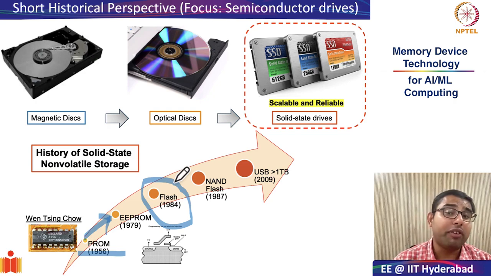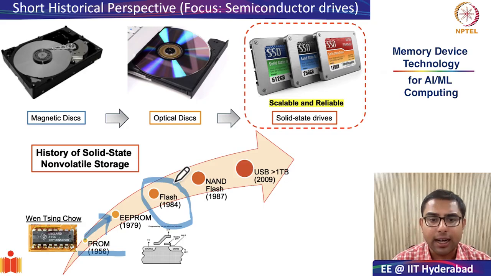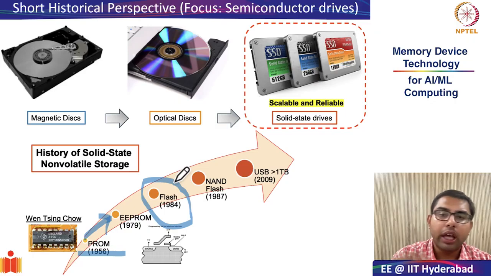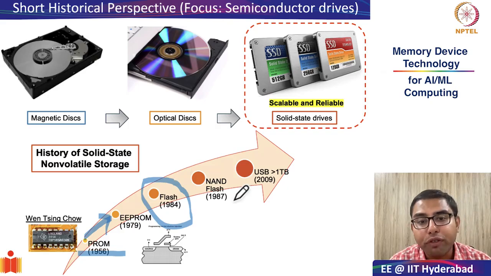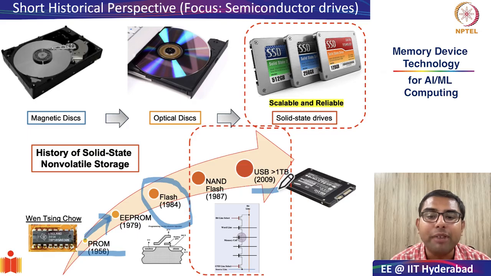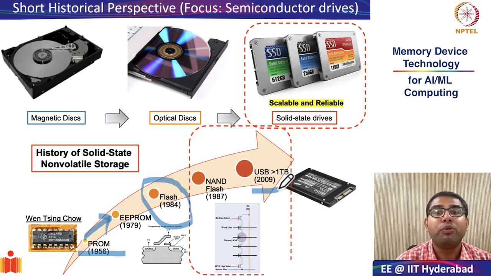1987 was very momentous in the sense that the individual flash cell was for the first time commercialized and integrated into the NAND flash array, which gives you these large bit densities. And of course, we should mention that in 2009, for the first time, we were able to have a handheld device, which was a USB driven device.